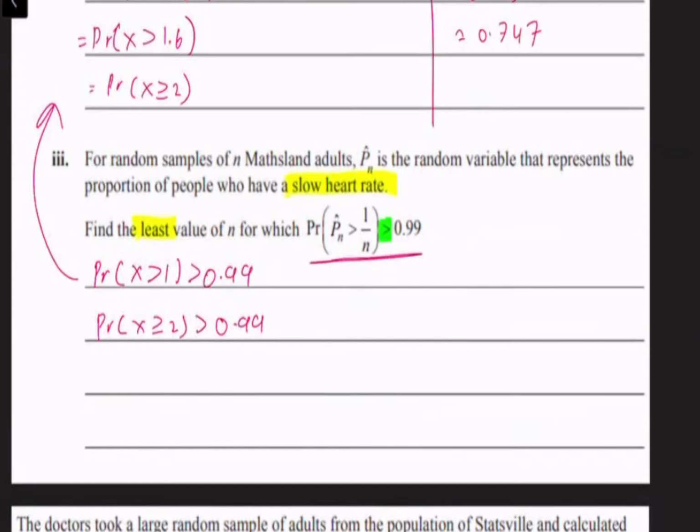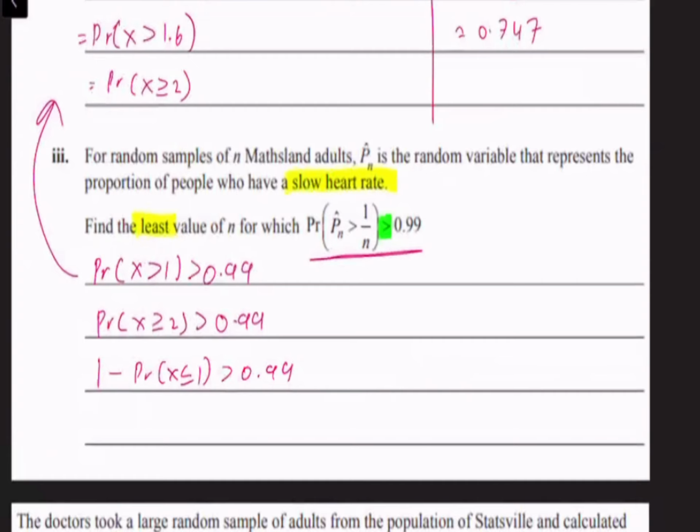So to do that, we're just going to make this 1 minus probability that x is less than or equal to 1, which is 0.99. And if it's less than or equal to 1, that means it's either 1 or 0. So x is equal to 1 or it's equal to 0, which is greater than 0.99.